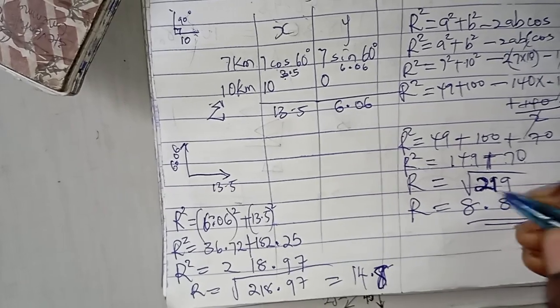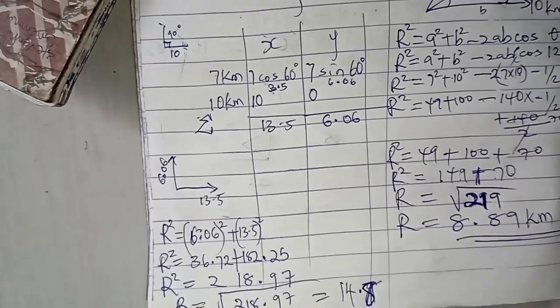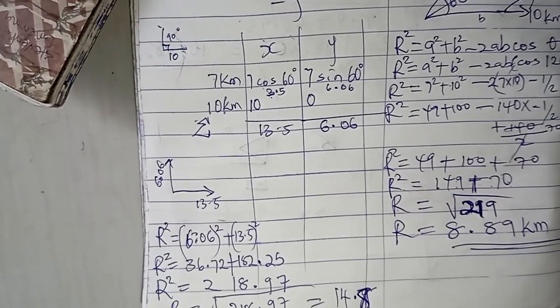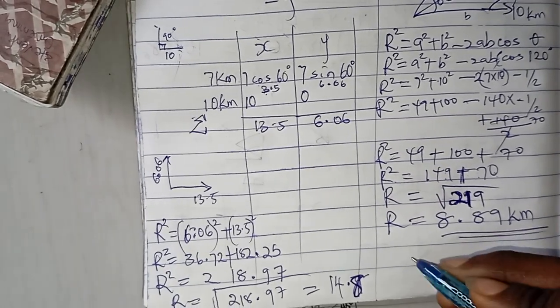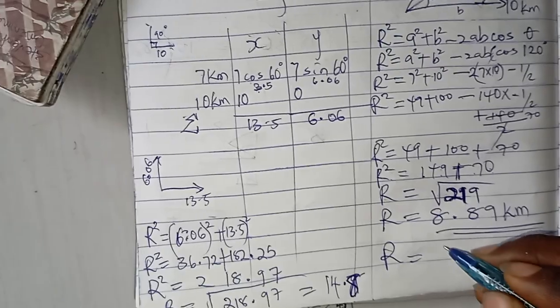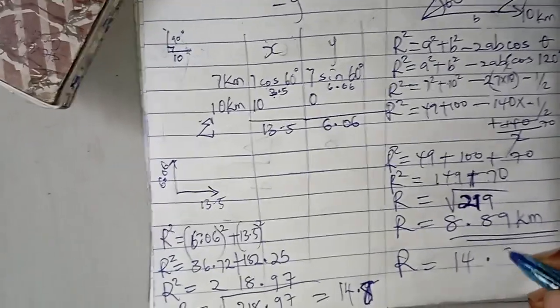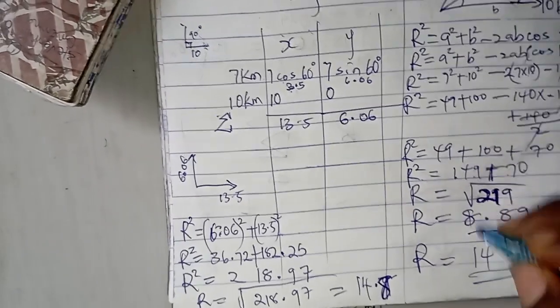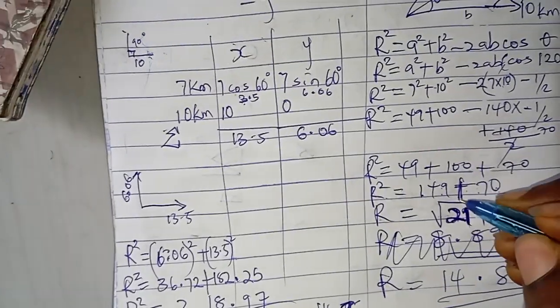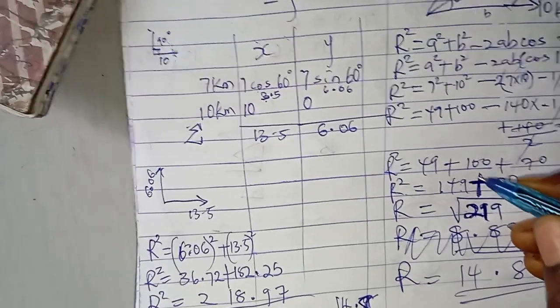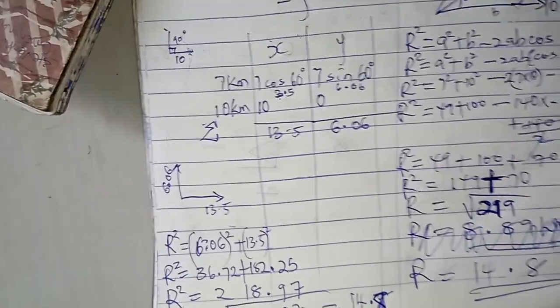That's the mistake: 219. So it's addition, and the square root of 219 is going to give us r equals 14.8. So we are correct. What we did is a technical error. We subtracted instead of adding. So this is adding, and everything is in order.